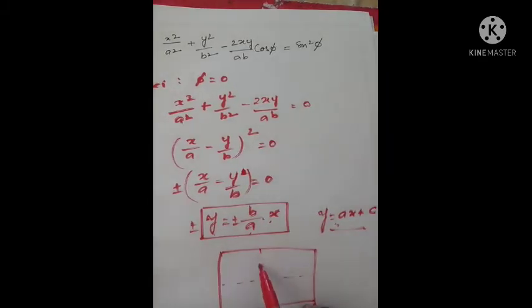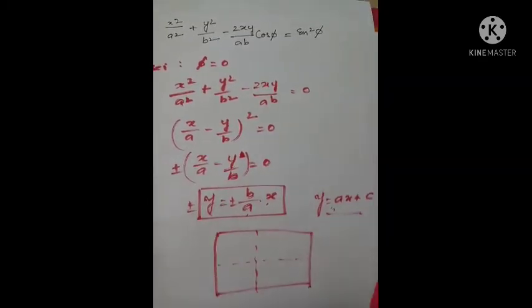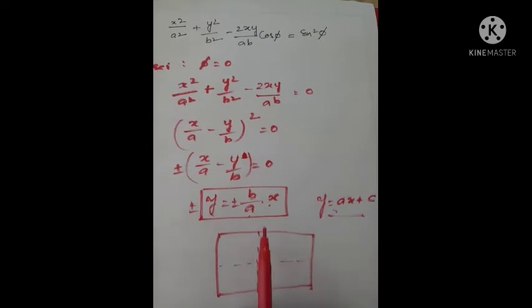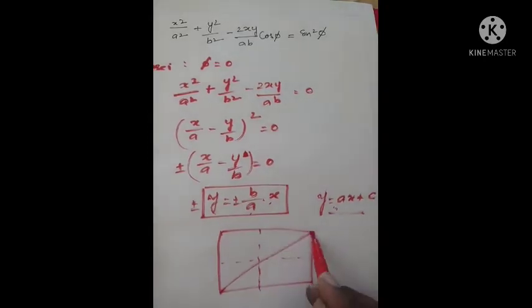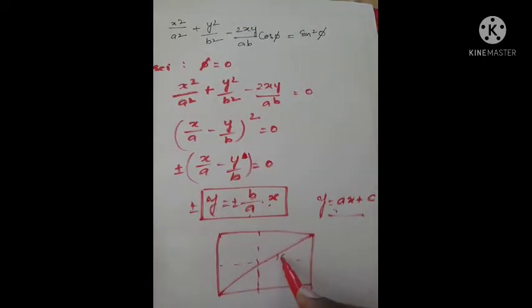This is the actual picture, where it represents the equation of a line, that is two coincident straight lines passing through the origin and inclined to the x-axis at angle theta. Like this we get theta.